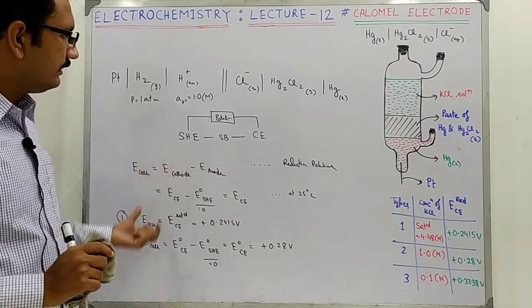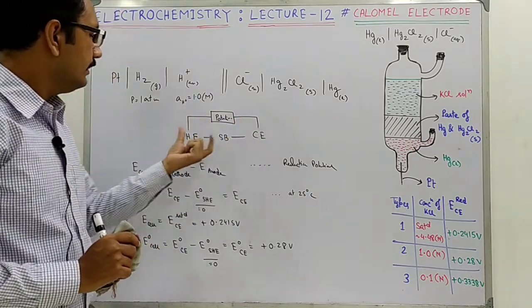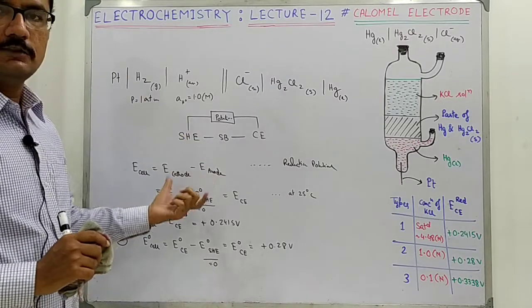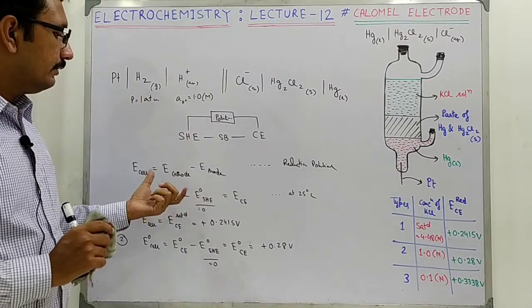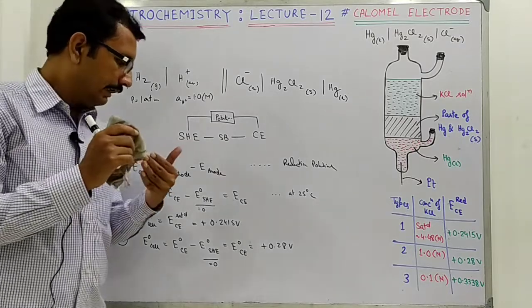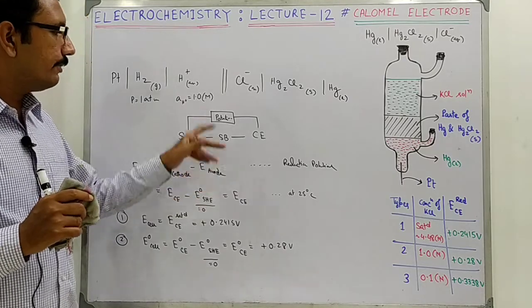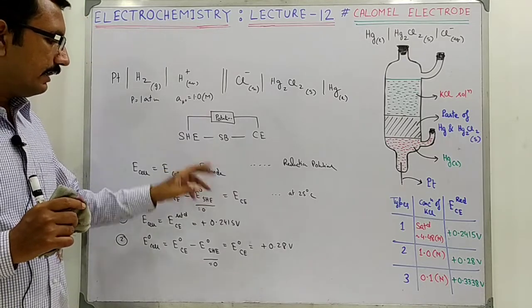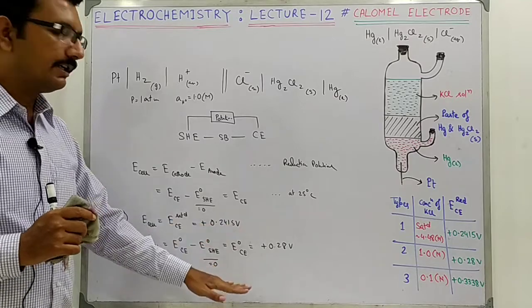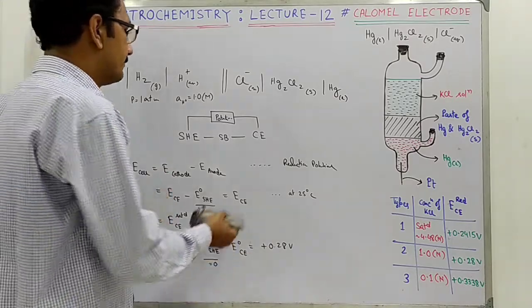I am just putting the data that is obtained from experiment when the calomel electrode is combined with the standard hydrogen electrode. Now, we can check through our physical intelligence whether the data obtained from the potentiometer, and the reduction potential we obtained thereby, is correct or not. That we can do at this position.